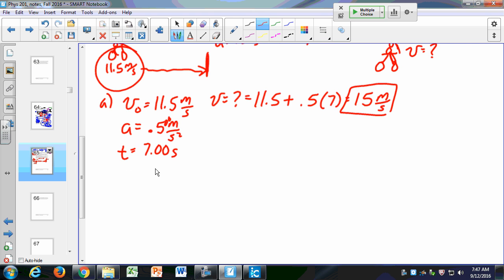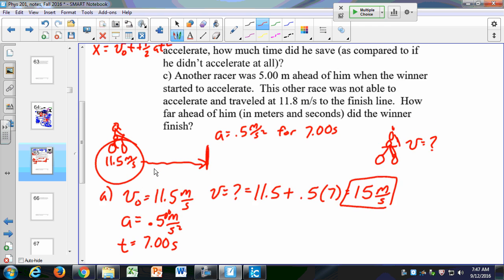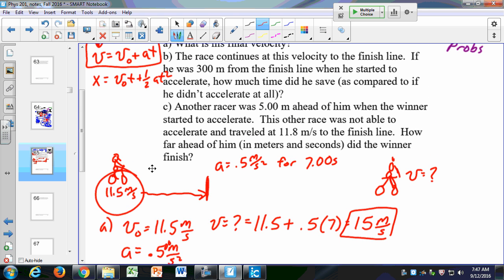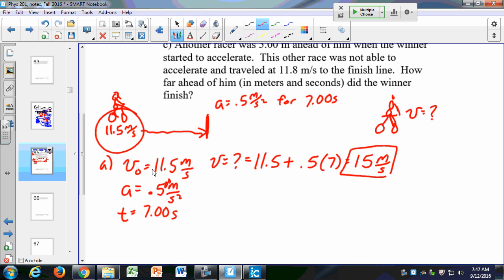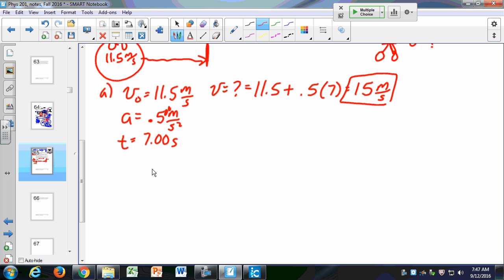Okay. Where was I? Oh, so we need to calculate 2 times for the second part. I want to calculate as if he didn't accelerate at all, and then the time required when he did accelerate. So we're looking just for this last 300 meters. So the first part, B, we'll say, what if he didn't accelerate? What's it going to be?